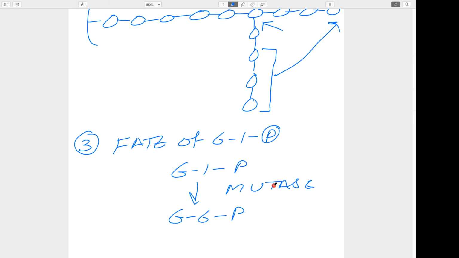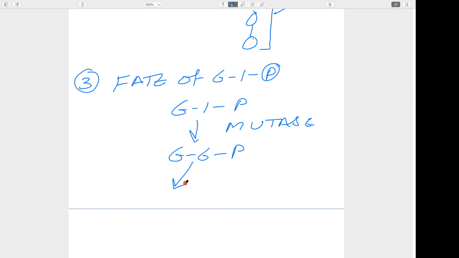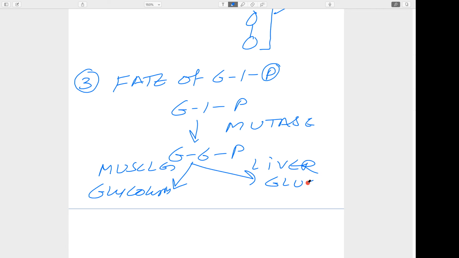As for the fate of glucose 6-phosphate, in muscles it can go to glycolysis, then pyruvate. In the liver, it may be converted to glucose and supplied to the blood.